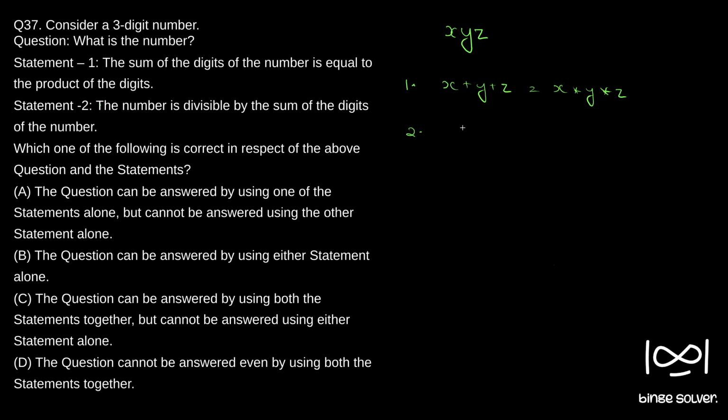Statement 2 says the number is divisible by the sum of the digits of the number. Let the sum of the digits of the number be k, so x plus y plus z is equal to k. That implies the number xyz is k into some n, where n is any positive integer. So our number is in this form.